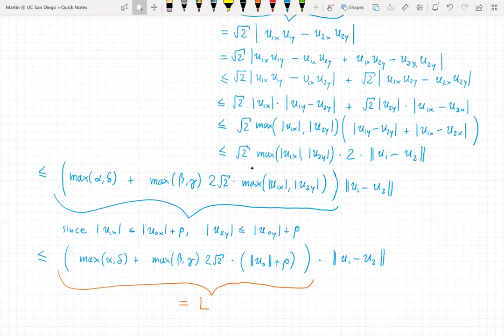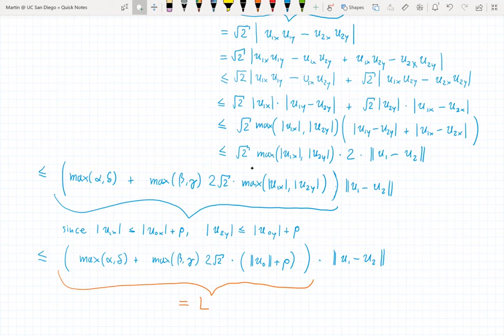Okay, certainly this can be bounded from above by square root of 2 times the maximum of absolute value u1x and absolute value u2y, now multiplied with the absolute value of u1y minus u2y plus the absolute value of u1x minus u2x.